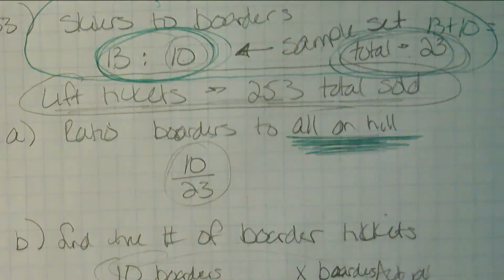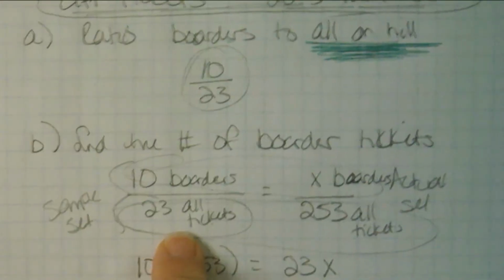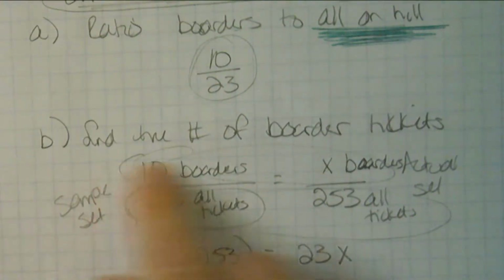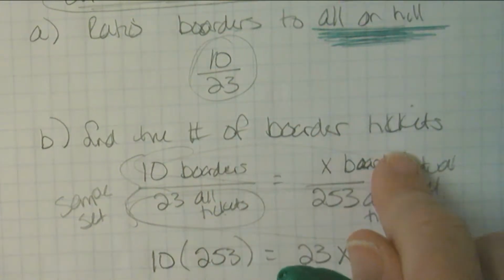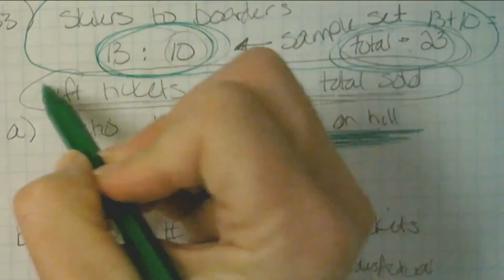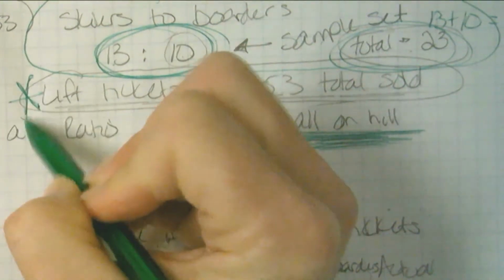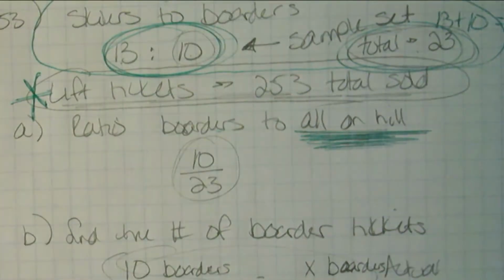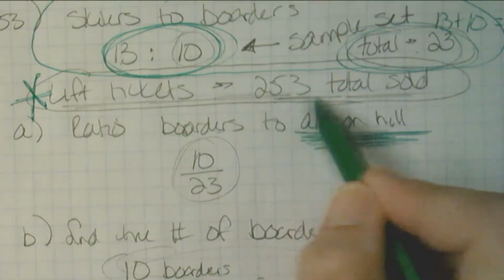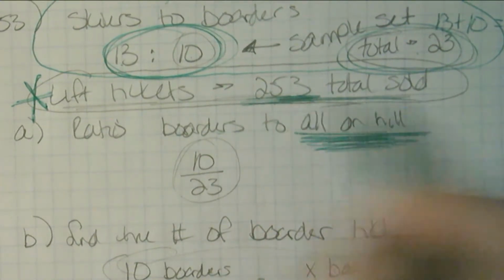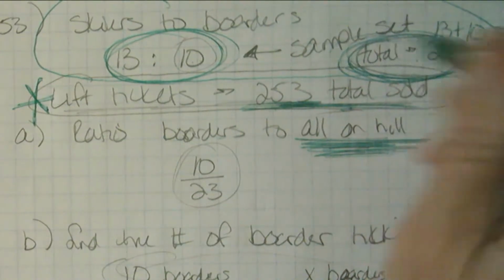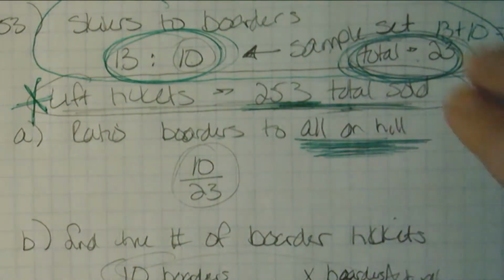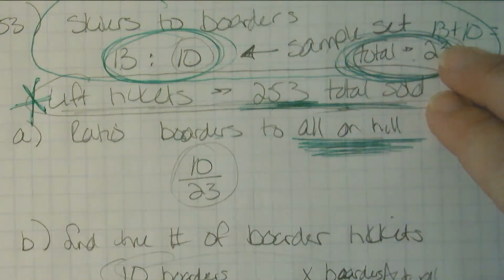Okay. So then part B, which is probably what I would have jumped to right away, find the number of snowboard tickets. Well, they told us that we have a total number of lift tickets completely. This indicates that I'm going to use my total number of people on the hill. So I needed to come up with my total number of people on the hill in my sample set too, because these two go together of information.